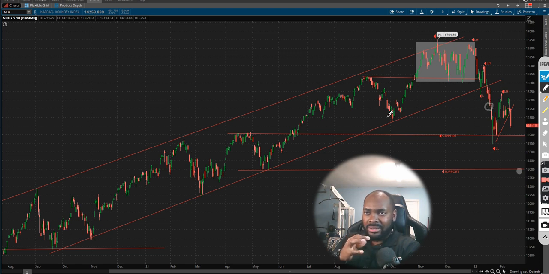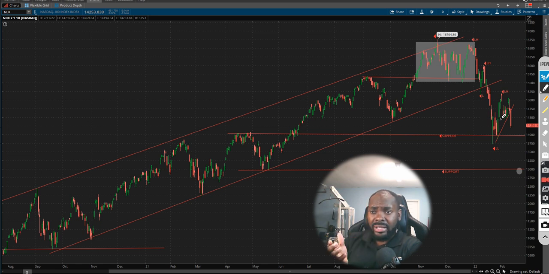I didn't have a lot of confidence in this level because there wasn't any major price action around 14,500 before that would give me confidence that this market was going to be able to hold up at that level.